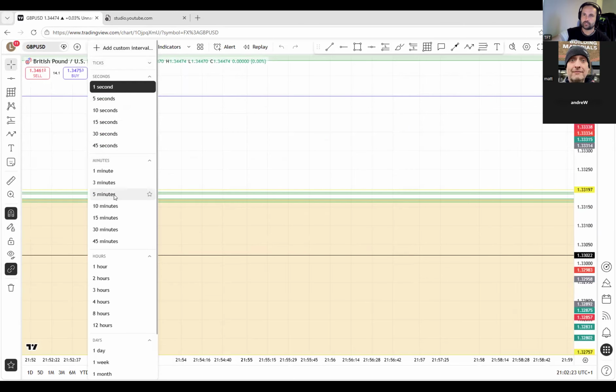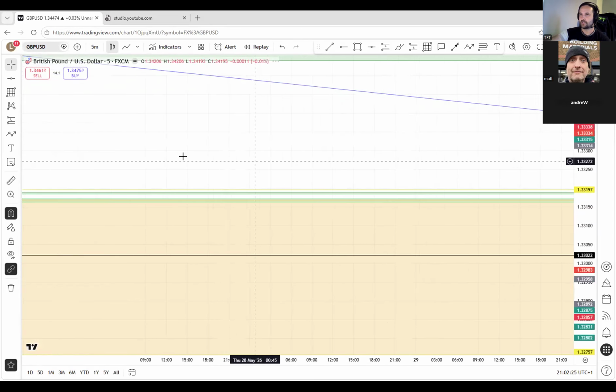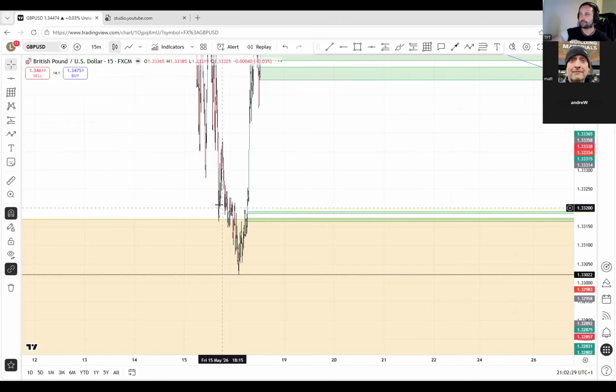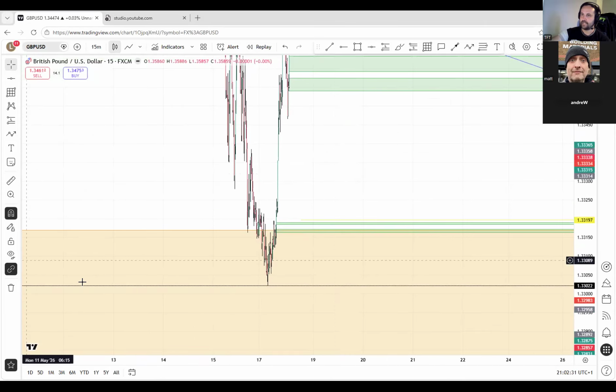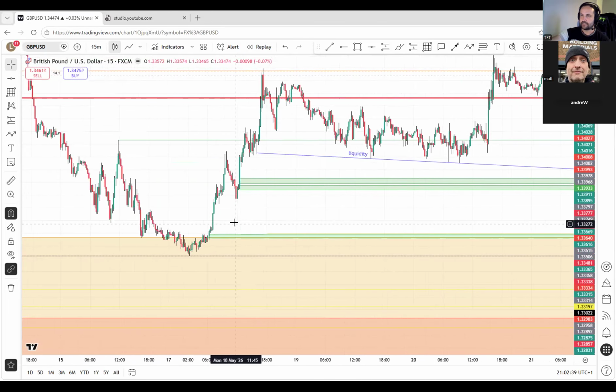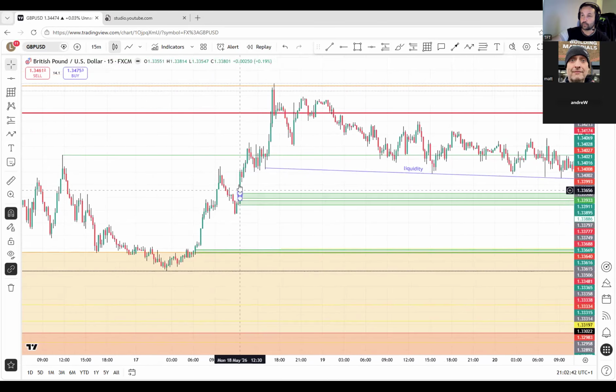And then it's closer. 15. So mitigated possibly something there, and then it's taken the most relevant lower time frame high here, and obviously I believe is a good push from here.